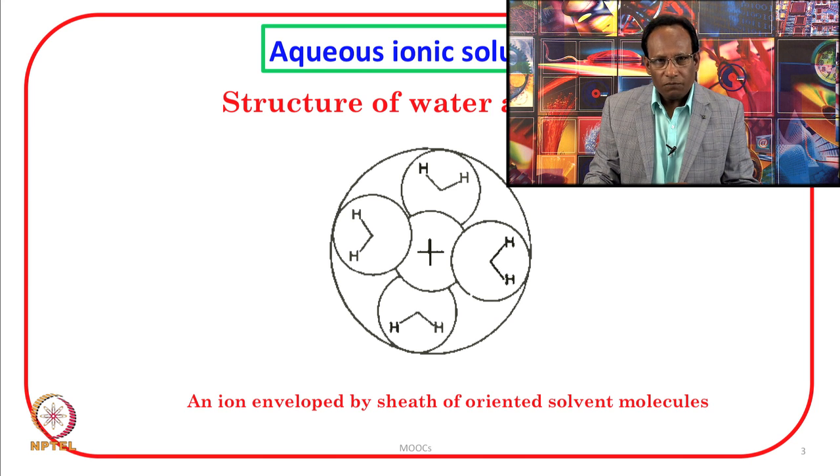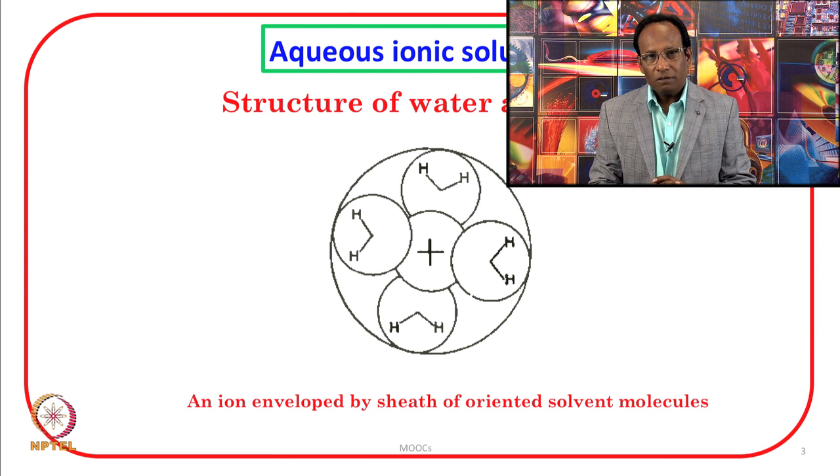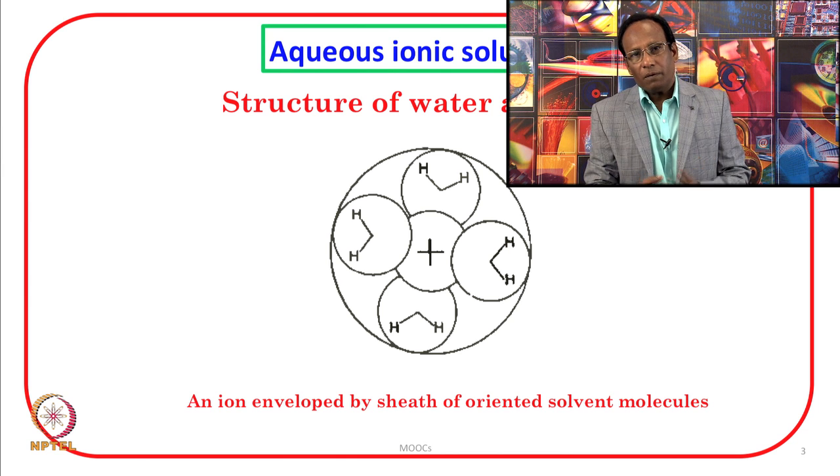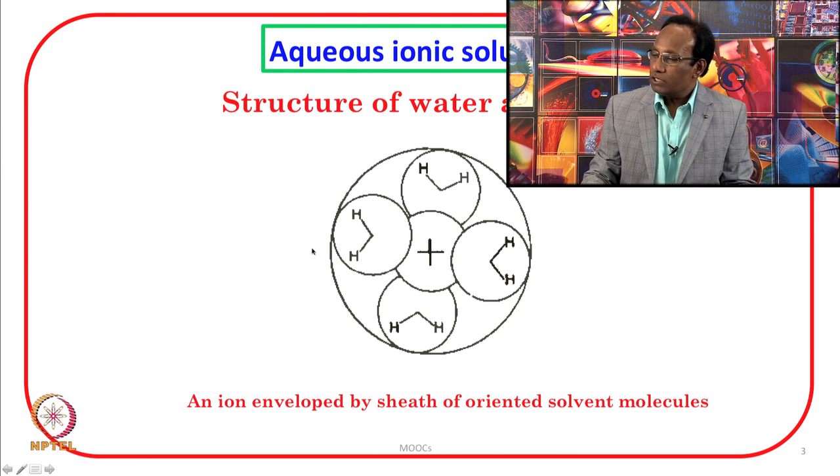When I say these many water molecules, I am not saying that these are the only water molecules. What I am trying to say is, it is possible that there may be 4 water molecules directly associated with the central ion as seen in the slide. This number can vary.